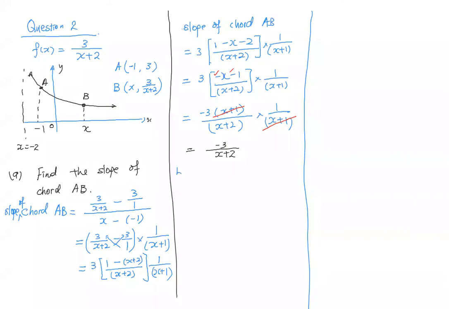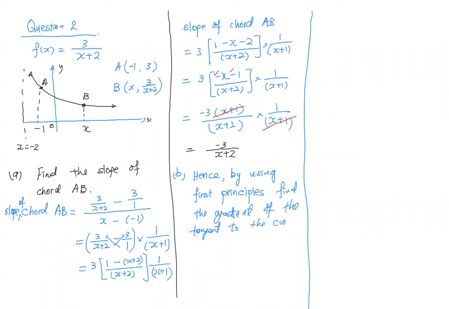Part B says, hence, by using first principle, find the gradient of the tangent to the curve f(x) equal to 3 over x plus 2 at x equal to -1.